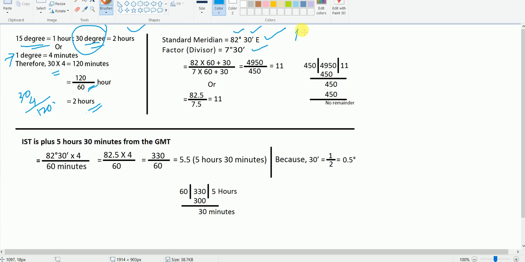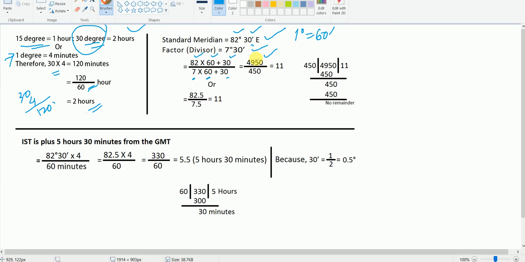Remember, 1 degree is equal to 60 minutes, and that is why we have to multiply 82 degrees by 60 to convert into minutes, then add 30. Likewise, 7 degrees is to be multiplied by 60, then plus 30, and after that we'll get this.